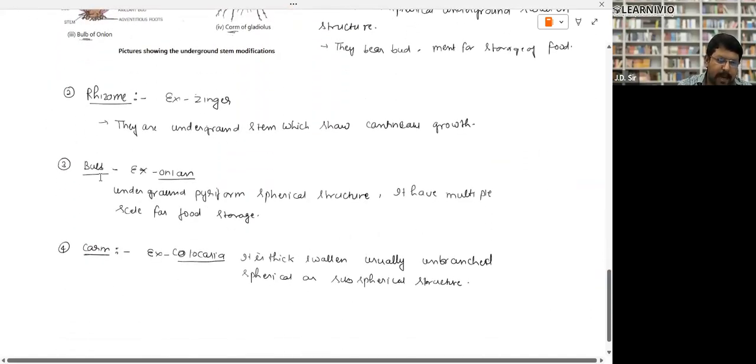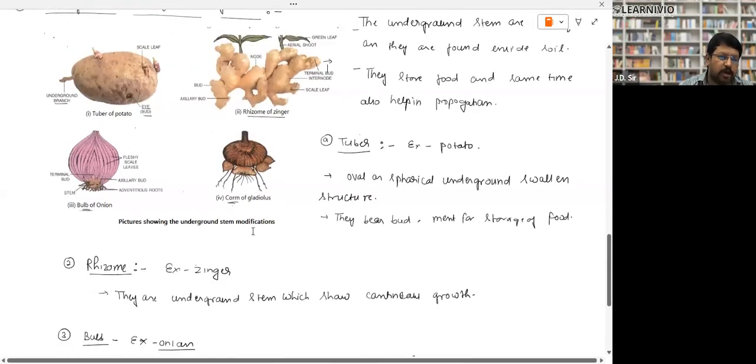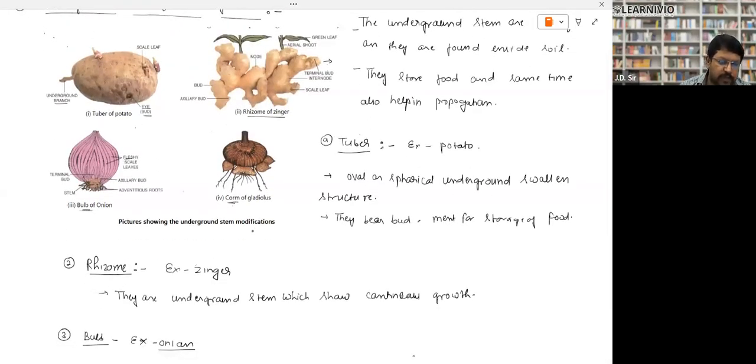Remember, bulb. Onion is bulb. Underground pyriform structure. It has multiple scales to store the food. So they are the fleshy scale leaves which store food. So in onion and garlic, please note it down. This question has been asked.